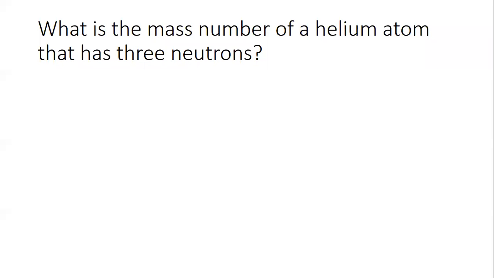So, question: what is the mass number of a helium atom that has 3 neutrons? Take a second and think about that one. If a helium atom has 3 neutrons instead of 2, what should its mass number be? Think you got it? Let's check.